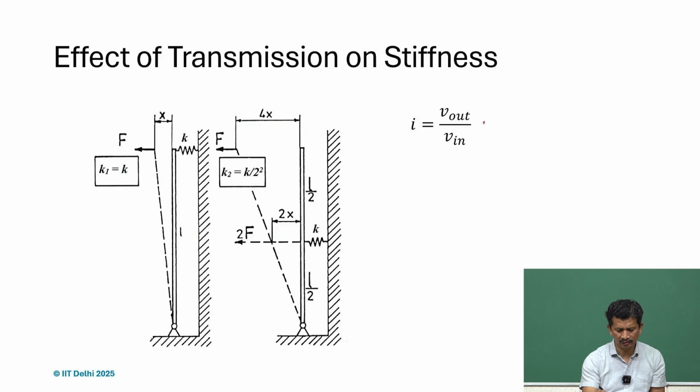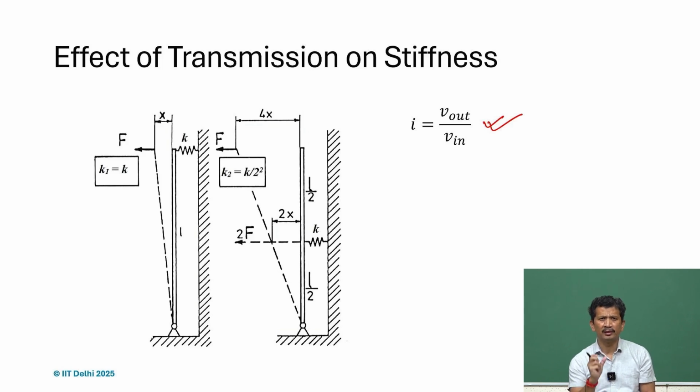As I said, if we write the transmission ratio as I, which is V out by V in. V in is with respect to where we are placing the component, and V out is the point of interest where we are applying the force or getting the output.